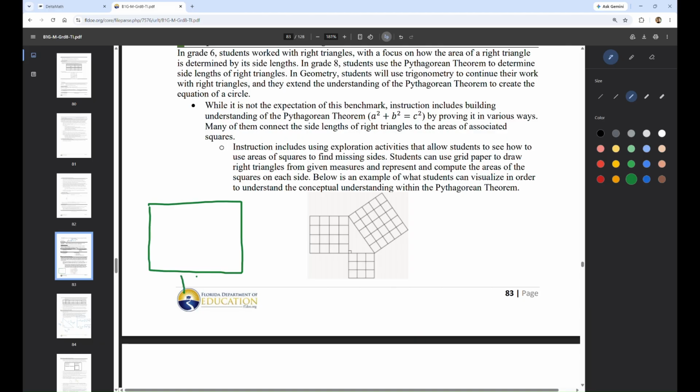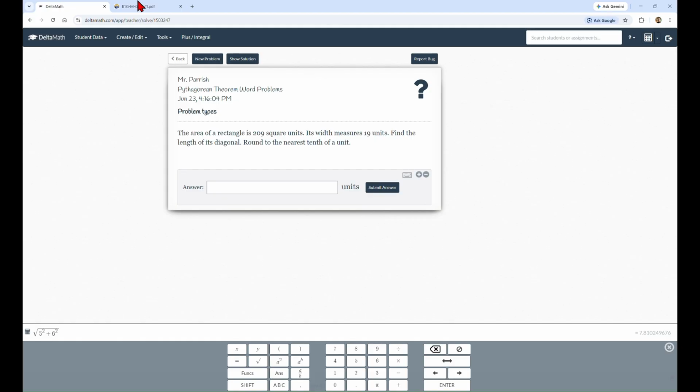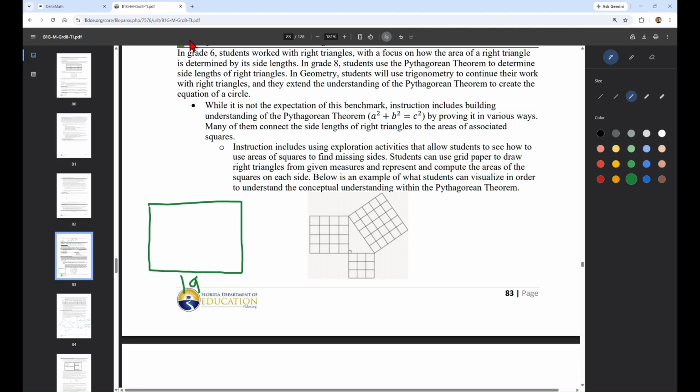So I'm going to put 19. And the area equals 209. Okay, so area of a rectangle equals length times width.